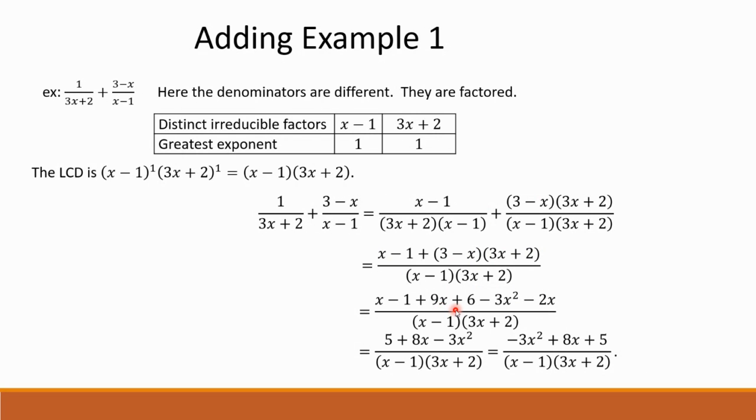Namely, we're going to have x plus 9x minus 2x, and that becomes 8x. We have minus 1 plus 6, that's just 5, minus 3x squared as well. So after all this, we end up with this here.